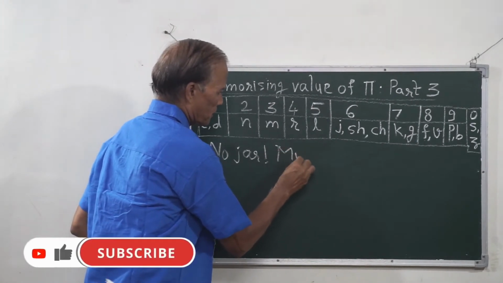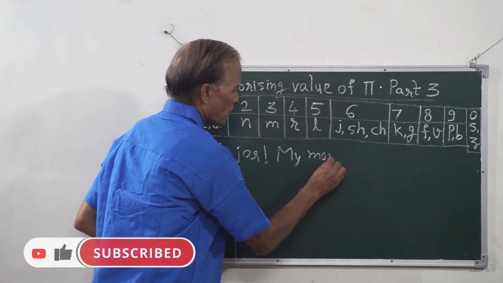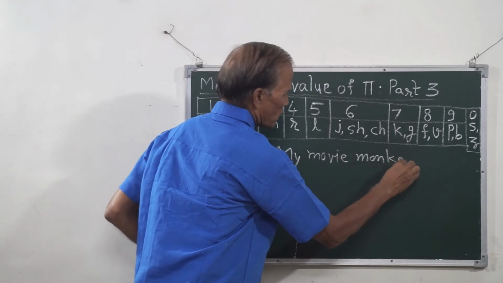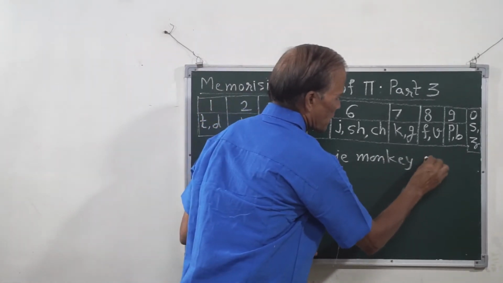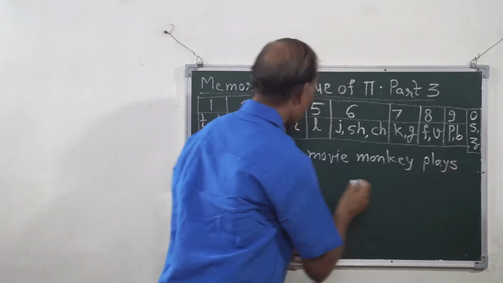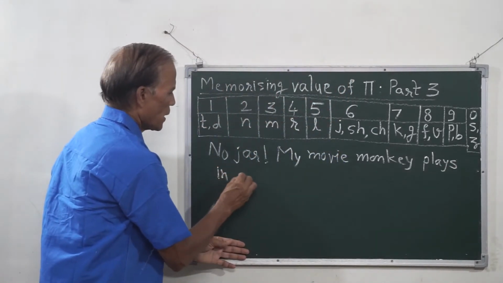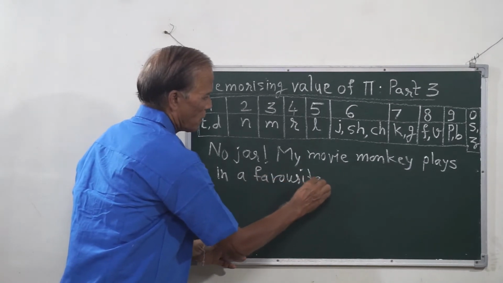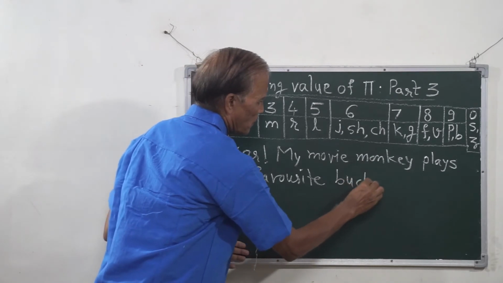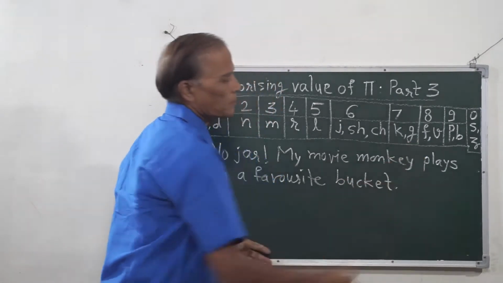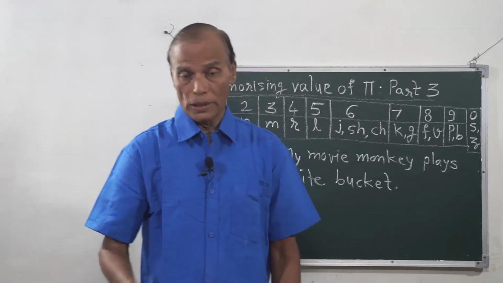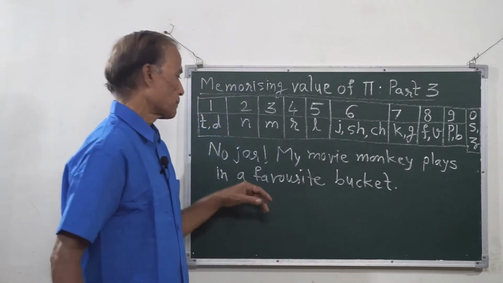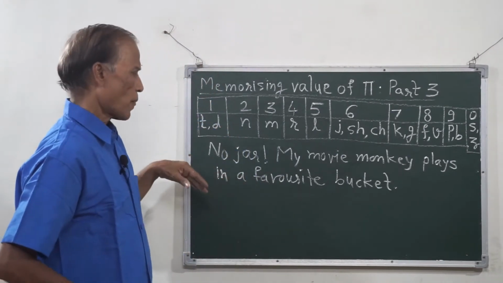My movie monkey plays in a favorite bucket. This sentence will guide us to the next 20 digits. What will be the conversion?